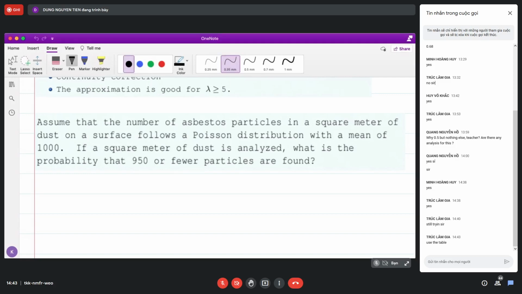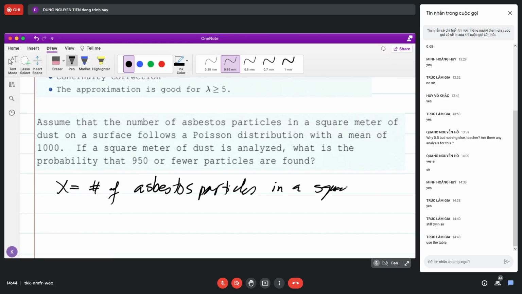Well, actually, you should say that suppose X is the number of particles of dust in a square meter on that surface.